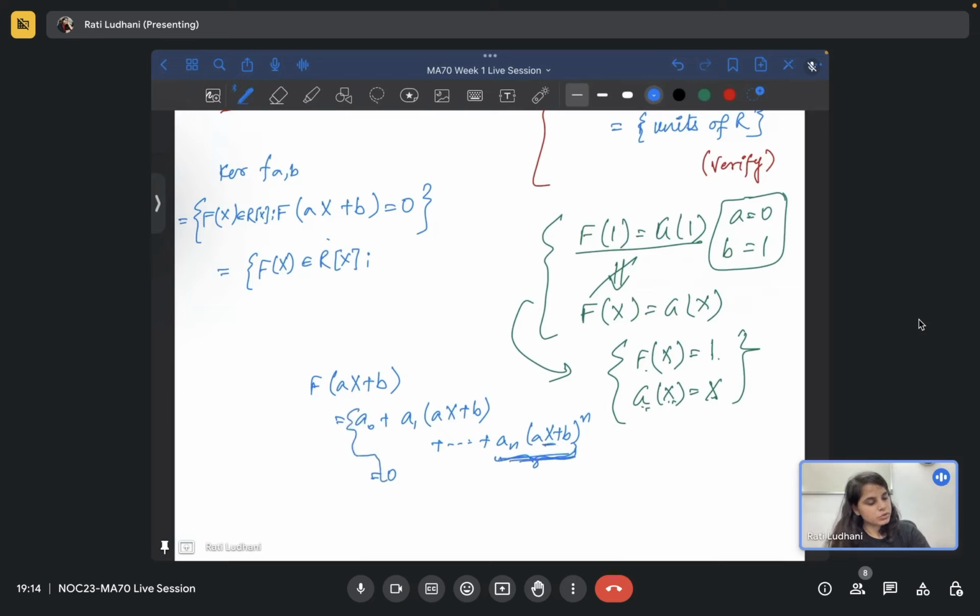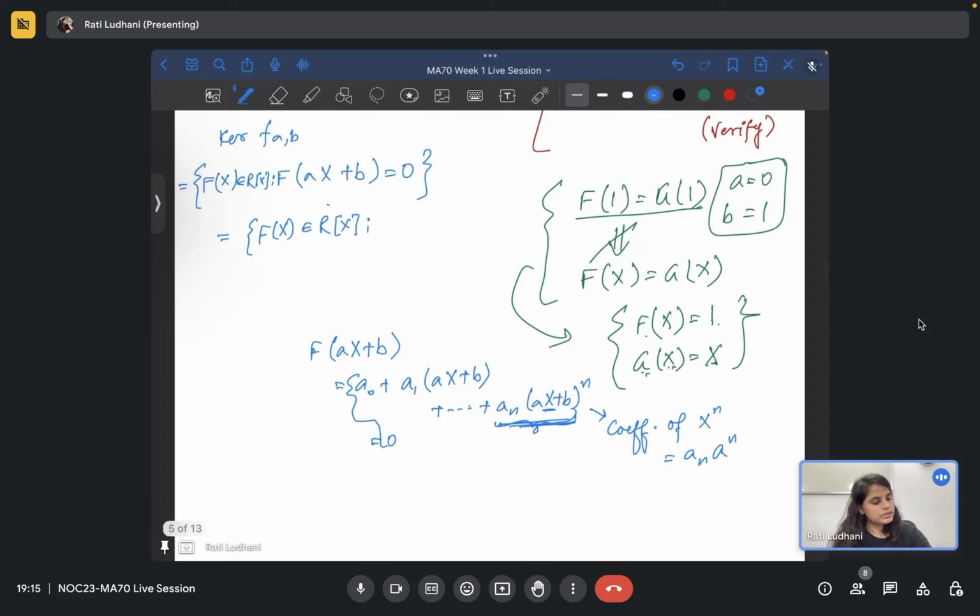The coefficient of x raised to power n is a_n times a raised to power n. Since this value is equal to 0, this coefficient in this polynomial will be 0.